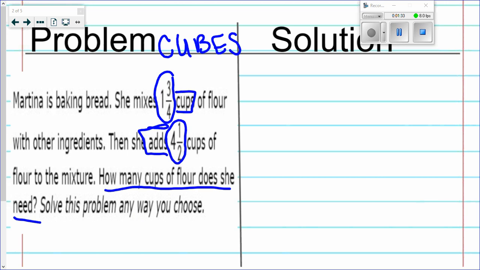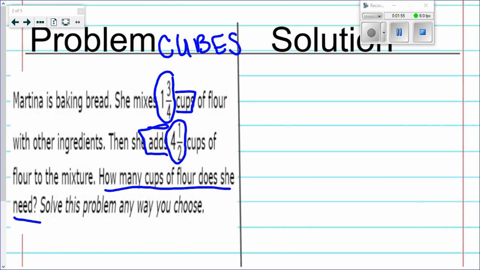And the fact that I can solve this problem any way that I choose is important. But the topic of our lesson is using models to add mixed numbers. So I'm going to draw some models whenever we go through it together, but I'm also going to show you that standard algorithm way that we've learned for adding fractions with unlike denominators.